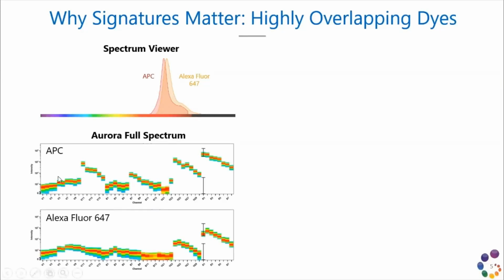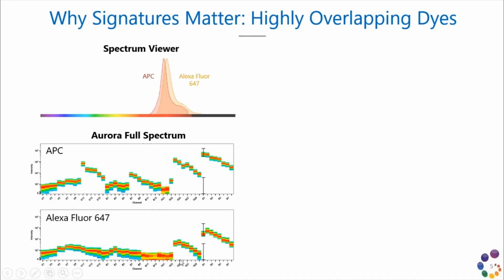For APC here on the top, you can see that it is excited by every laser on the system, as there is a lot of signal showing up in each detector module. But when you look at Alexa Fluor 647 on the bottom, there is very little signal in the violet and blue arrays. All you can see here is a little autofluorescence signal from the sample itself. When you look at the yellow, green, and red arrays, there's a lot of signal here.